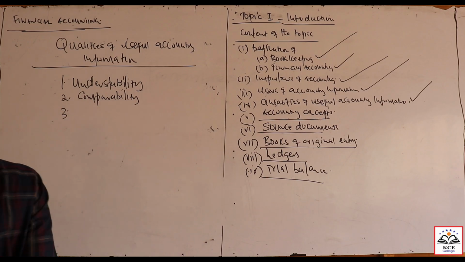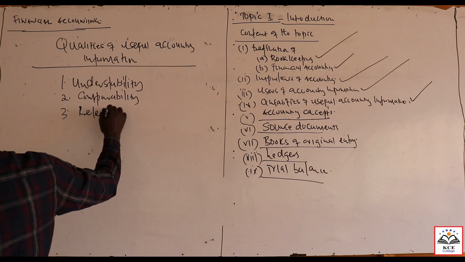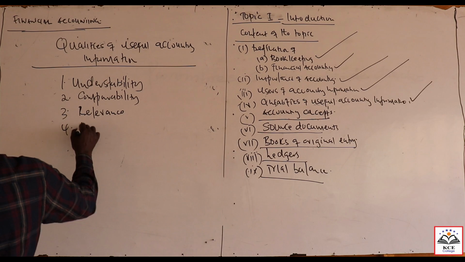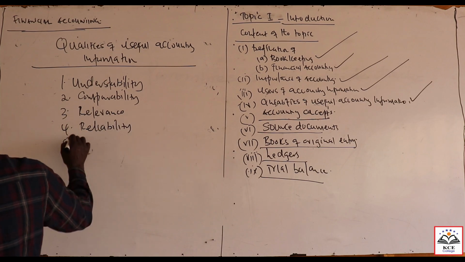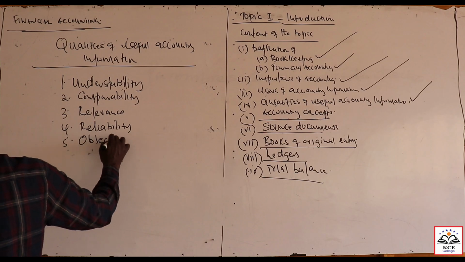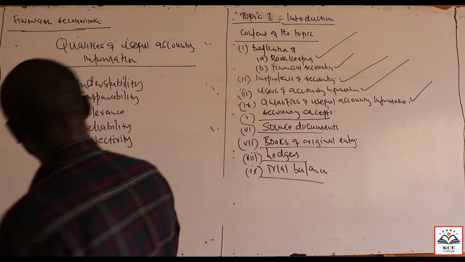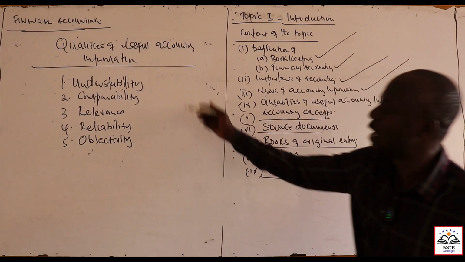Number three is relevance. Number four is reliability. And five, objectivity. So those are the qualities of useful financial information. It has to have these qualities.